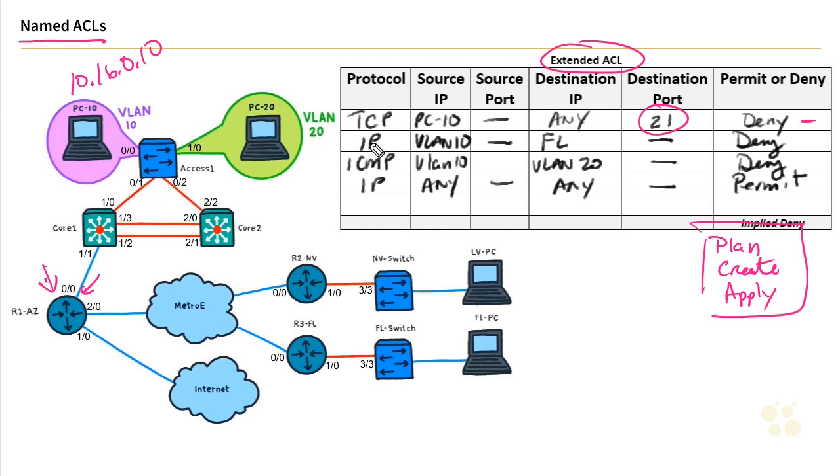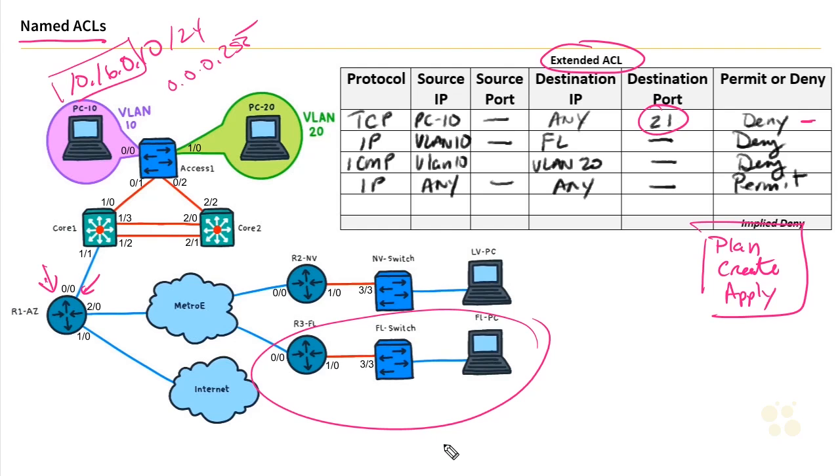Entry number 2, they wanted to deny IP traffic if it's sourced from VLAN 10, which would be 10.16.0.0 with a 24-bit mask, and then the wildcard mask would be 0.0.0.255. The destination is Florida. Florida has a few subnets down here, but their address space is 10.16.16.0/21.